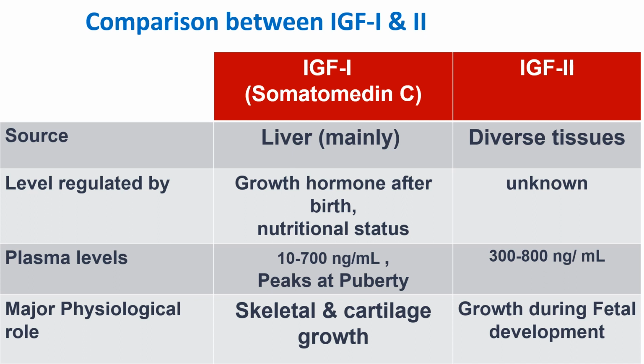IGF-1 is regulated by growth hormone after birth, and nutritional status also plays an important role, whereas the regulation of IGF-2 is not clearly known. The plasma level of IGF-1 peaks at puberty. The major physiological role of IGF-1 is on skeletal and cartilage growth, whereas IGF-2 plays its role mainly in fetal growth.